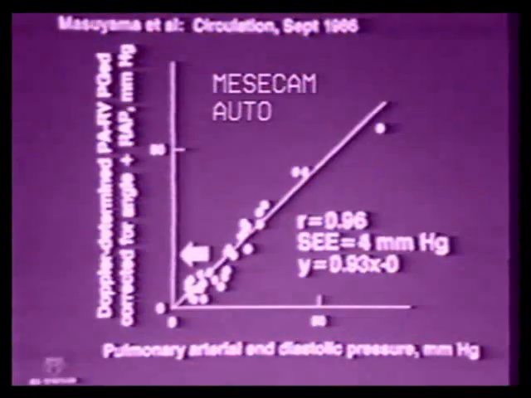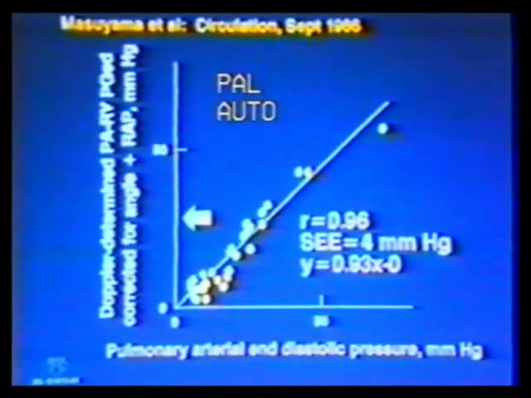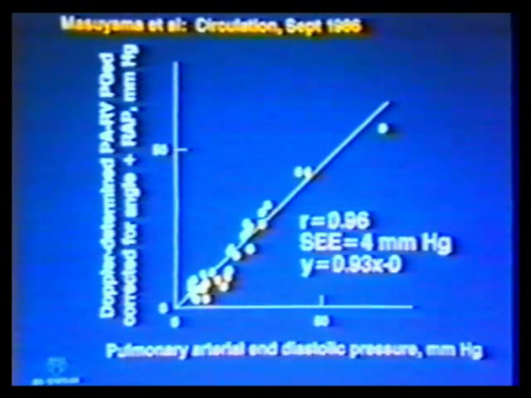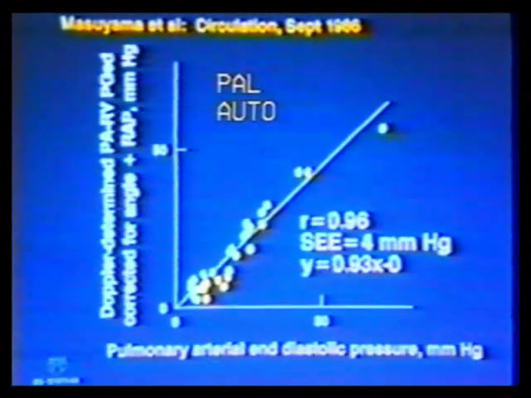The Doppler-measured PA end diastolic pressure is plotted on the y-axis, using angle correction in determining the velocity of pulmonary regurgitation at end diastole. For this figure, the term in the Doppler calculation for right atrial pressure was taken from catheter measurement rather than clinical estimate. They obtained an excellent R value of 0.96 with a standard error of the estimate of 4 millimeters of mercury.